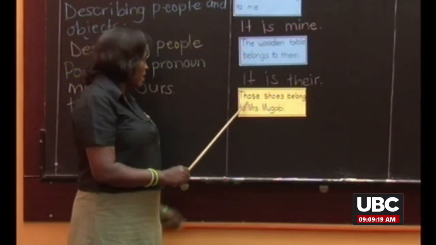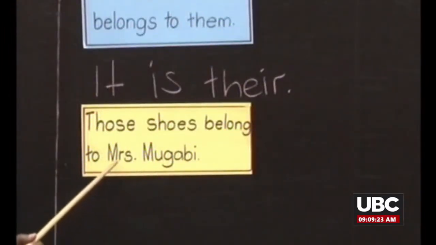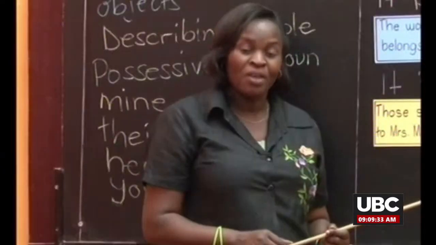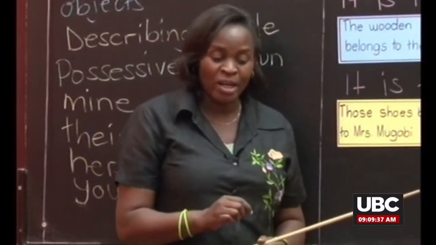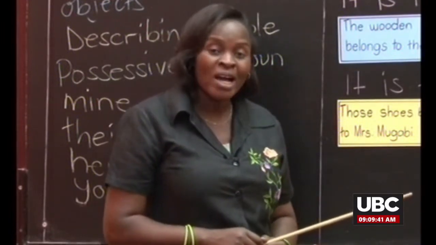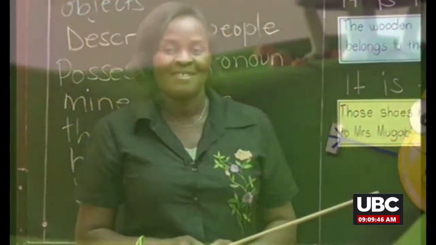Those shoes belong to Mrs. Mugabe. Read it again. Those shoes belong to Mrs. Mugabe. Remember, we are looking at the possessive case, the possessive pronoun. Now, we shall get the possessive pronoun word after we've come back from that short break.